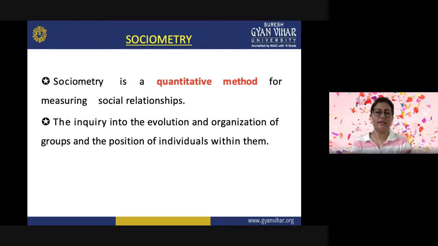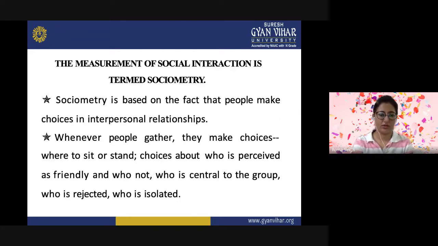So it is basically a quantitative method because it is used for measuring the social relationships and the inquiry into the evolution and organization of groups and the position of individuals within them. This is sociometry. The information which you select will depend upon what is available and what answers your evaluation questions most effectively.